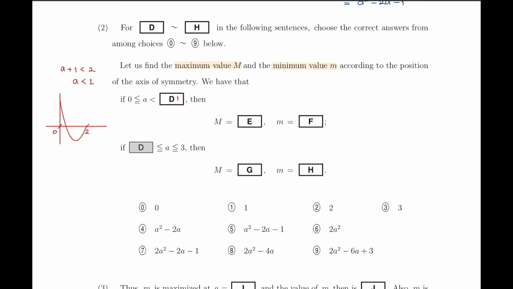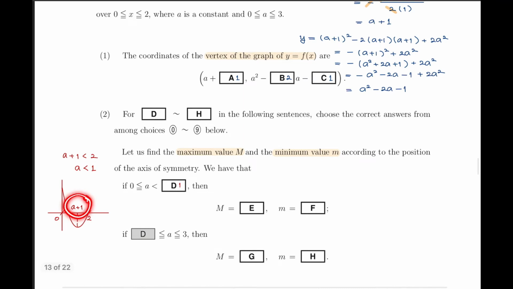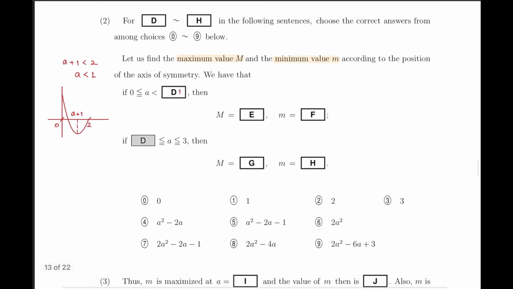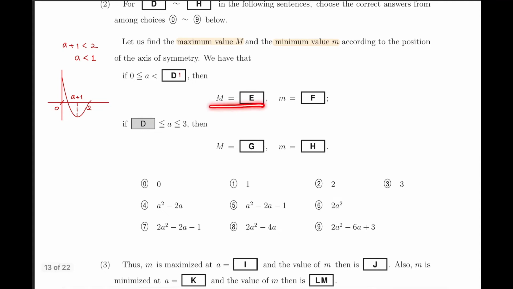From this graph, it's pretty clear that the maximum value will be obtained when X equals 0, and the minimum value will be obtained at X equals the vertex. The vertex is A plus 1. We already calculated it earlier, yeah? So when I want to find the maximum value, I will just substitute X equals 0 into the equation.